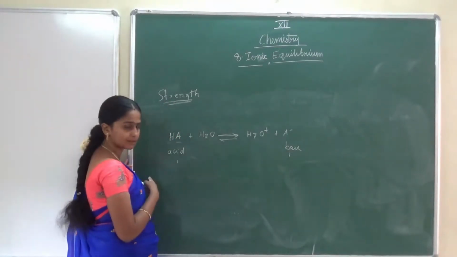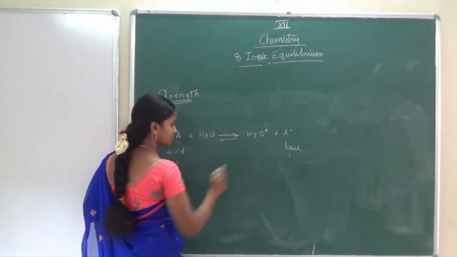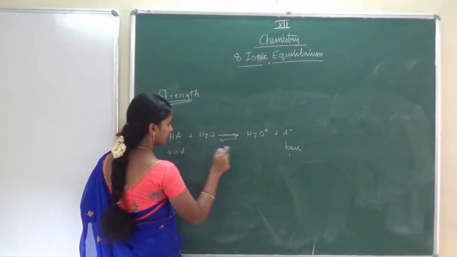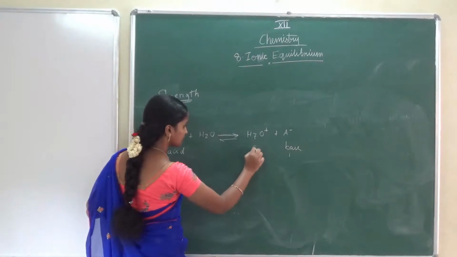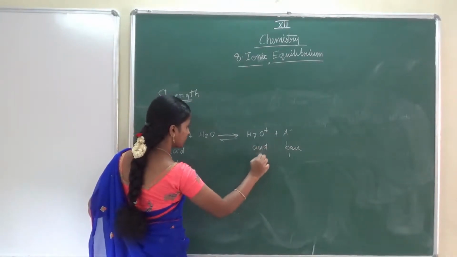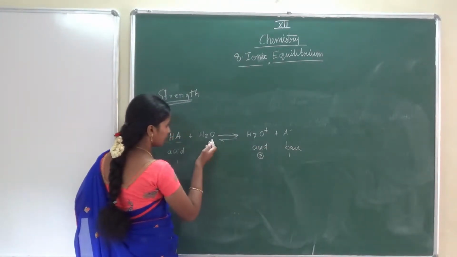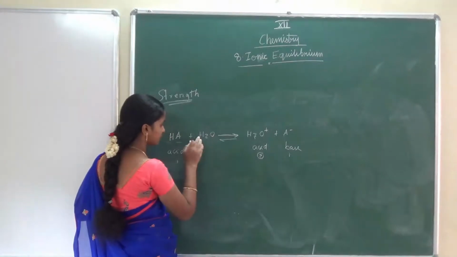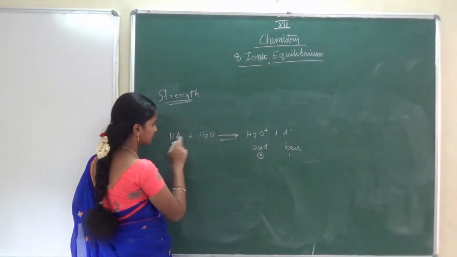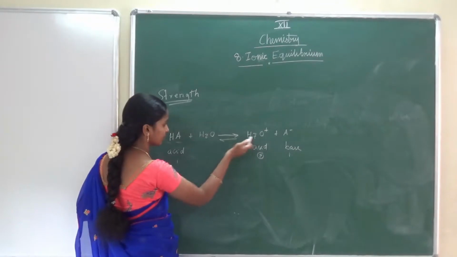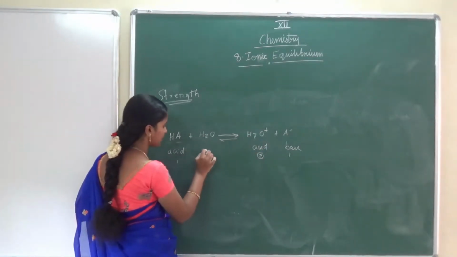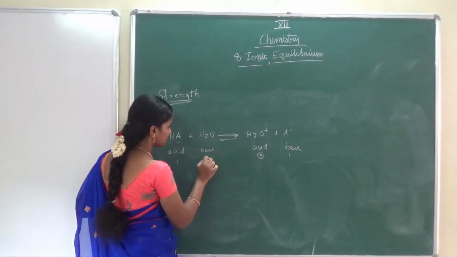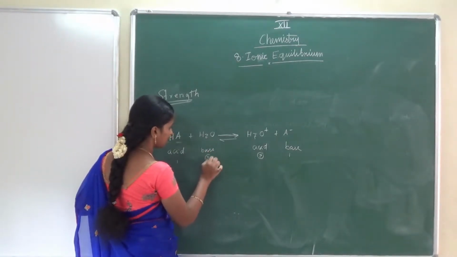According to Lowry-Bronsted theory, these two are a conjugate acid-base pair. Now H2O releases H plus, so it is acid 2. It can accept H plus and convert into H3O plus, so it is a base. So it is base 2.